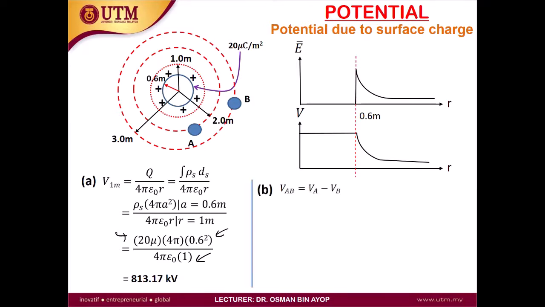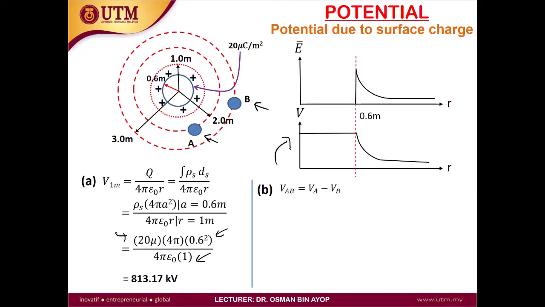Next, for question B, you are required to find the potential difference between point A and point B, which is VAB. VAB equal to VA minus VB, where VA is the absolute potential at point A, and VB is the absolute potential at point B. So we go back to this figure.